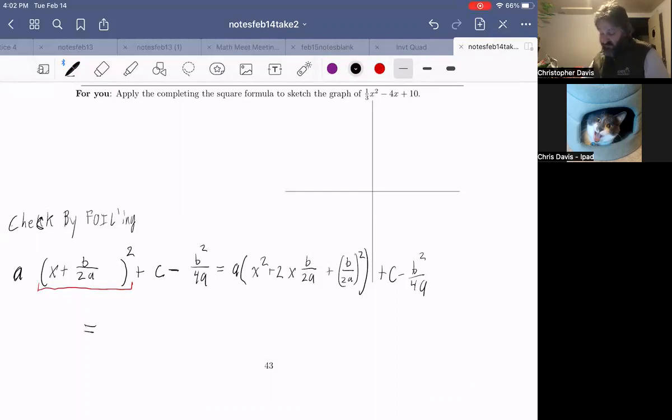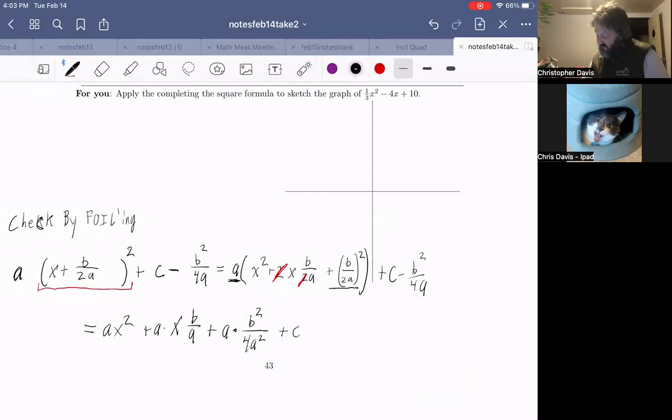And let's keep on walking. Let's distribute this a over ax squared. Before we distribute, maybe we'll notice multiply by 2, divide by 2, those two cancel. Plus a times x b over a plus a times, and let's square this out. So that'll be b squared over denominator 4a squared.